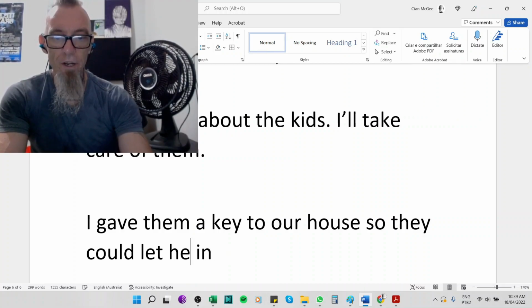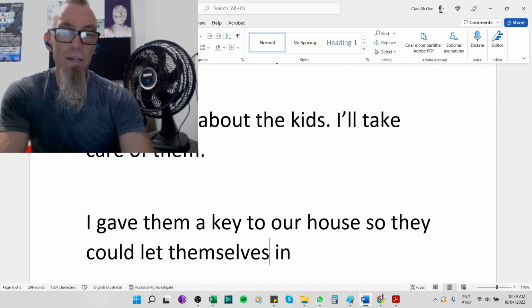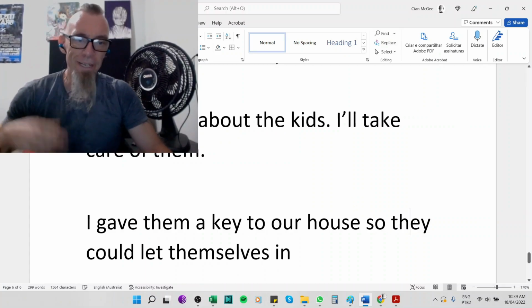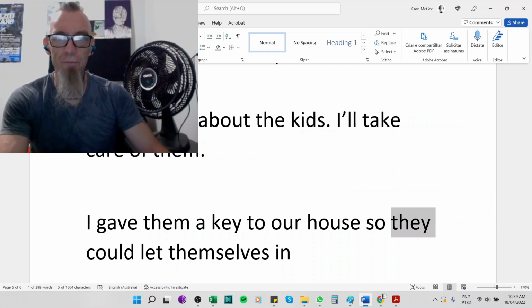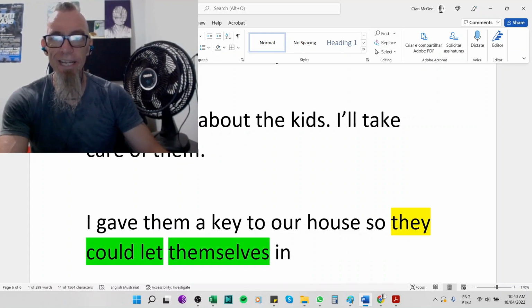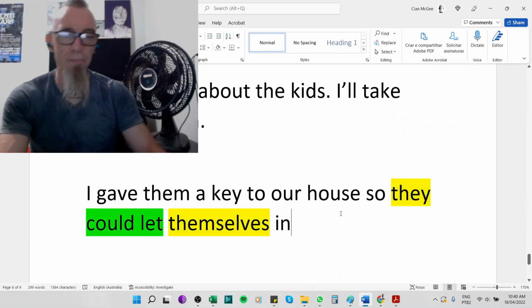So they could let her in. So they could let me in. But as a reflexive, and probably in the logic of this sentence, because here is now our subject, so they could let is our verb, and then we're going to use our reflexive pronoun here. They could let themselves in. I painted the same color so we can see it's the same person.